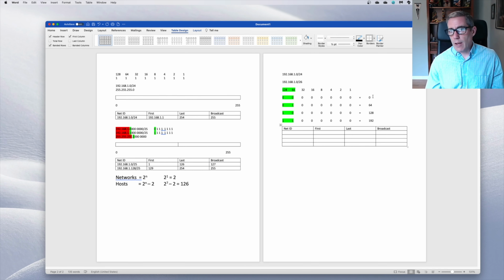So our network, I will put 192.168.1.0, and remember, we went to a /26 because we have 3 octets with 8 bits each, plus 2 more bits. So 8 plus 8 plus 8 plus 2 is 26.